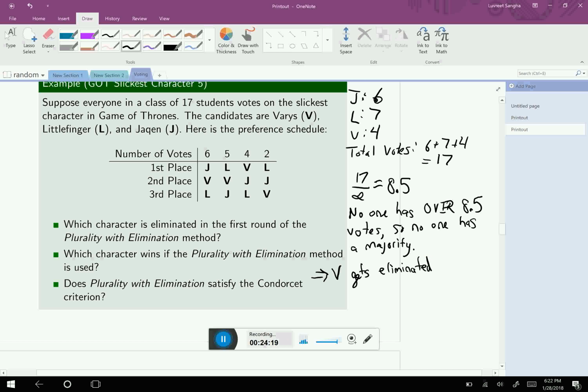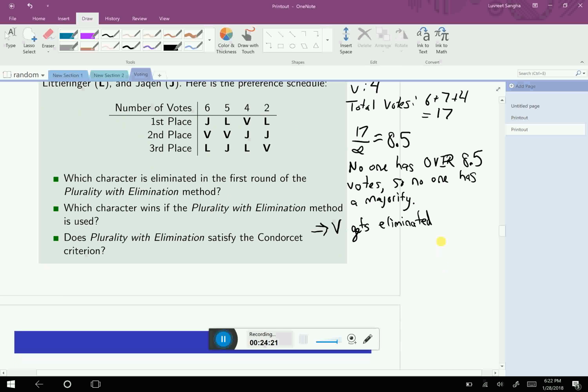Okay, so after we eliminate V, let's draw the new preference schedule. We'll still have the same columns, 6, and then 5, and then 4, and then 2. But now that V is eliminated, we'll just have a first place and a second place. In the first column, J is still in the top spot, but since V is gone, L gets bumped up and takes that spot.